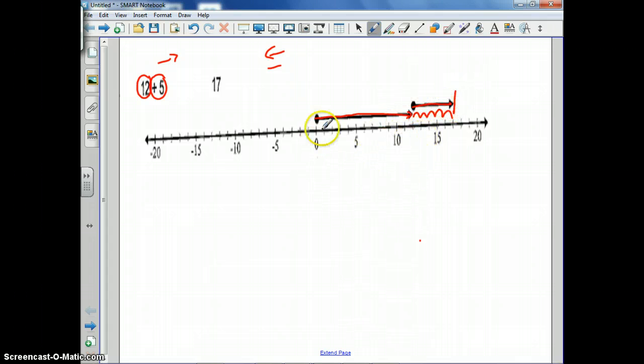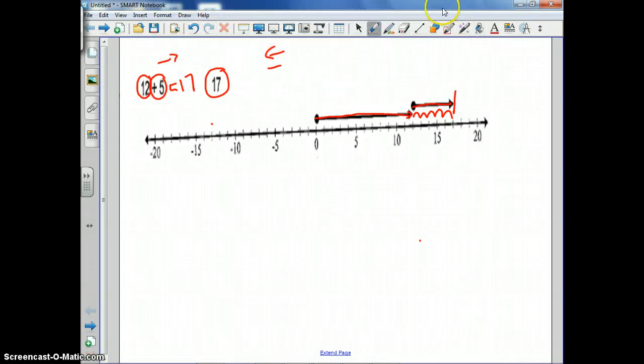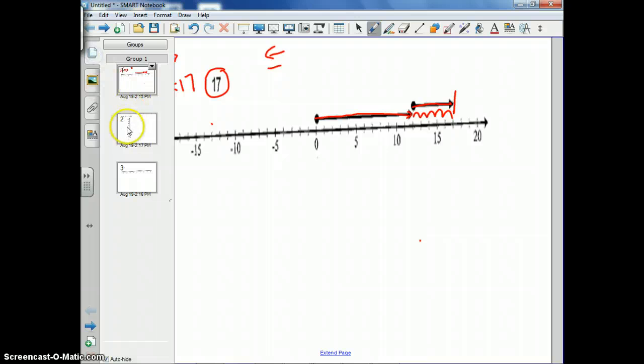And we can see the answer to that addition problem, 12 plus 5, is, well, 15, 16, we're at 17. And we'll come over here and write our answer, 17. So that would be the first problem. That was done for you anyways, and they actually already put the answer there for you. Let's go on to one that wasn't done for you.